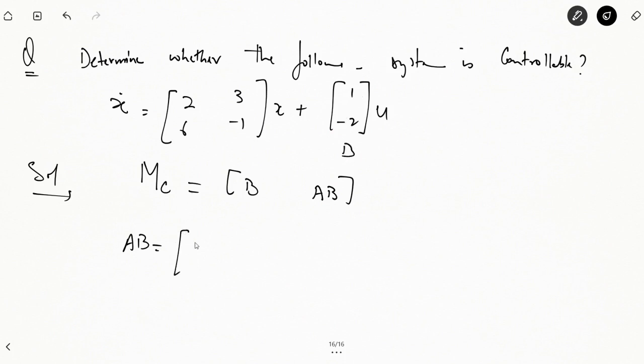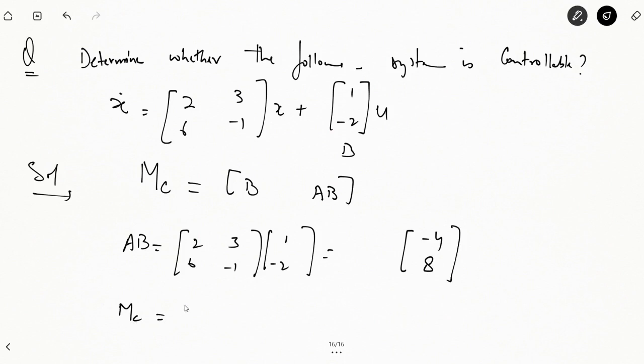AB will be [2, 6; 3, minus 1] into [1; minus 2]. That means 2 minus 12, that is minus 10... So MC is basically B, which is 1 and minus 2, and AB, which is minus 4 and 8. Now we have to see the determinant of this matrix.